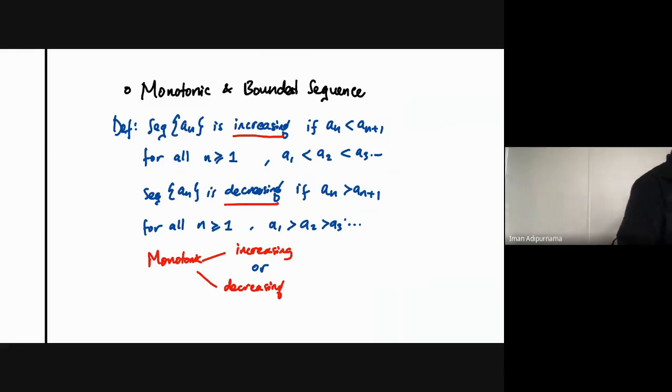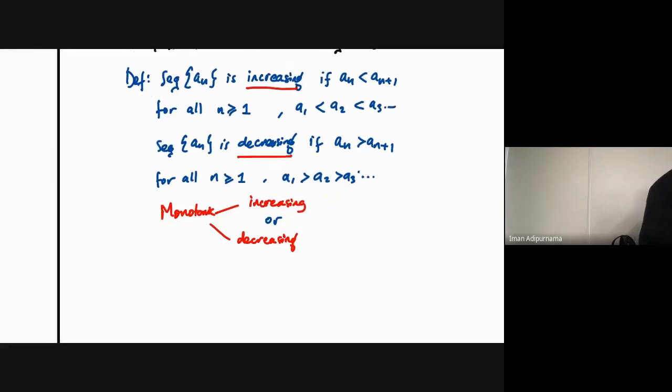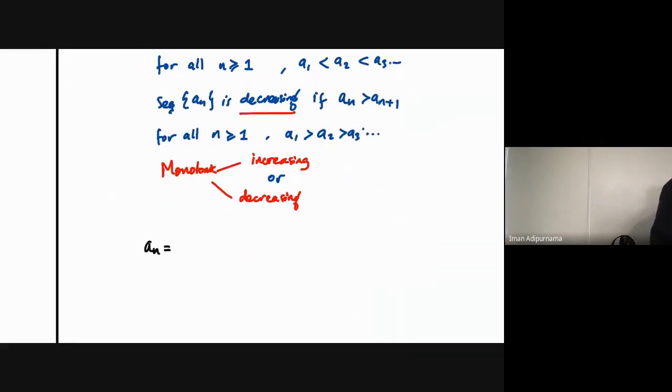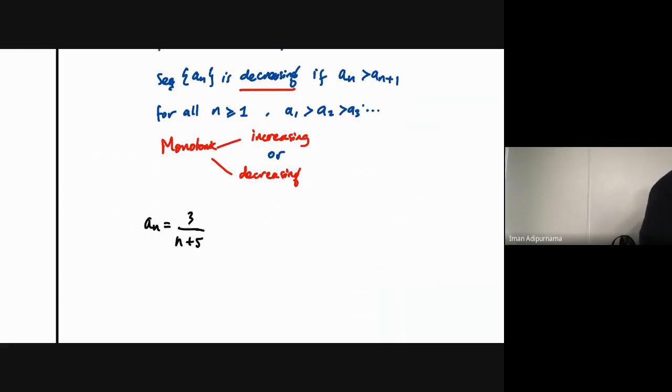So by these definitions, we can figure out whether a sequence is increasing or decreasing. For example, if you have a_n equals 3 over n plus 5, let's check a_(n+1). This will be 3 over n plus 6, right?